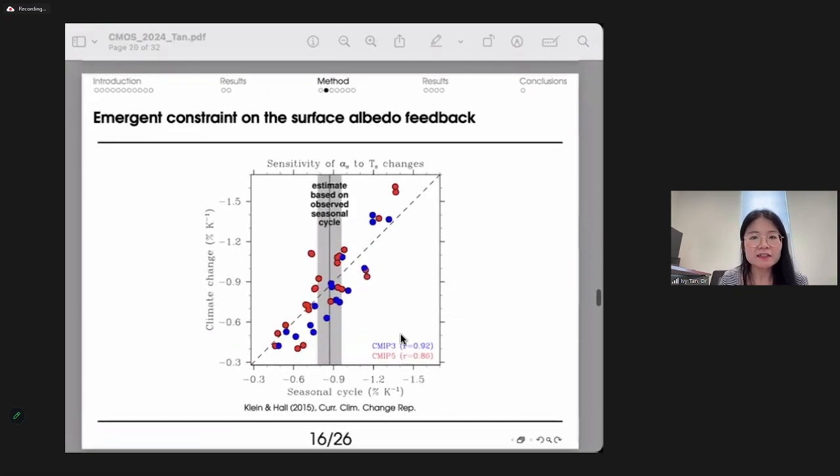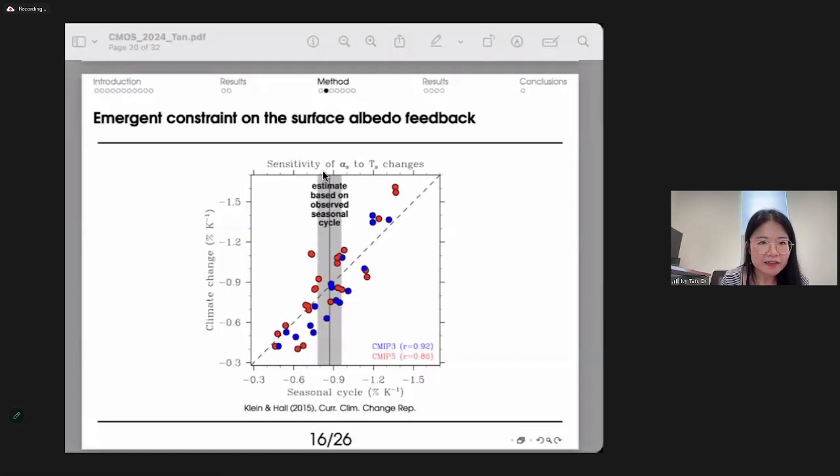Just to illustrate the emergent constraint method with a concrete example, consider this tight correlation between the seasonal cycle in surface albedo, on the x-axis, and the long-term surface albedo feedback, on the y-axis. This is shown for the CMIP3 and CMIP5 models. Because the seasonal cycle in the surface albedo change is observable, we can get those, for example, from present-day satellite observations.